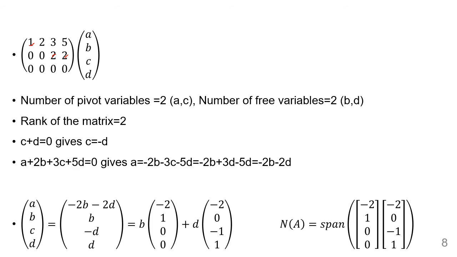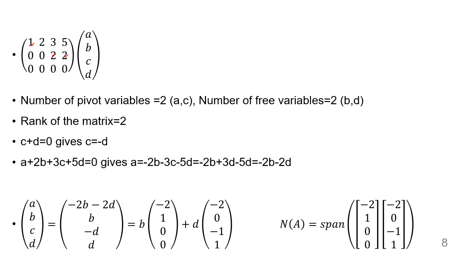So using this, I will write the variables A, B, C, D in terms of free variables. So A is equal to minus 2B minus 2D, and B is equal to B, and C equal to minus D, and D is equal to D. So that can be split up as B into minus 2, 1, 0, 0 plus D into minus 2, 0, minus 1, 1.